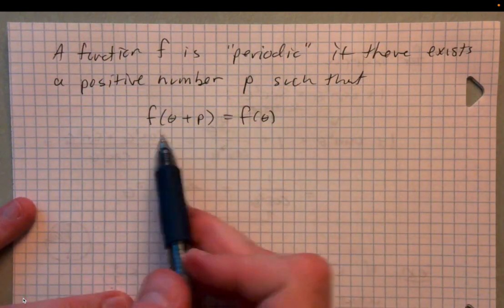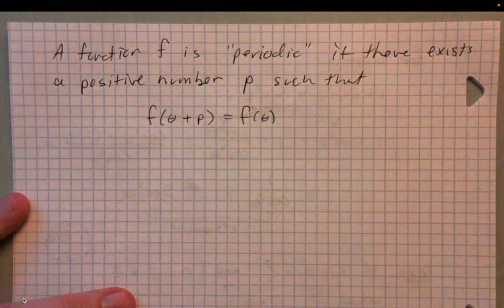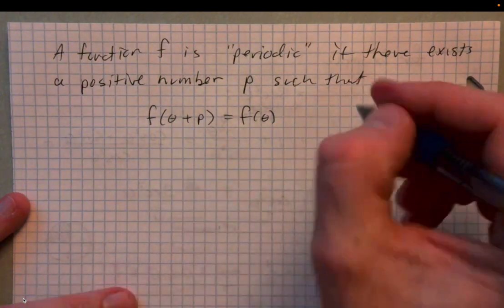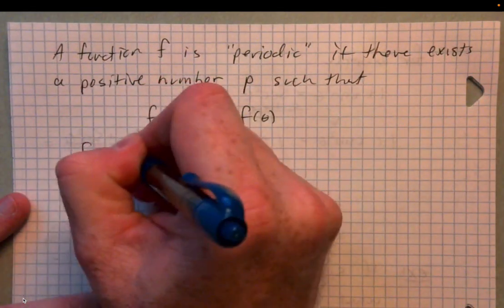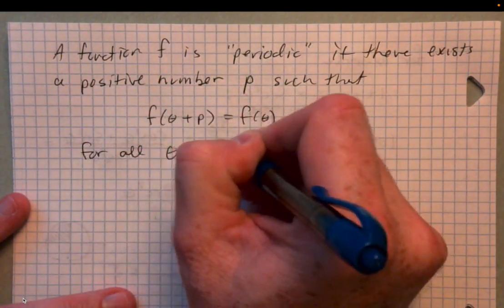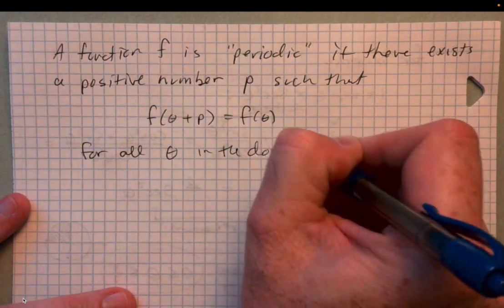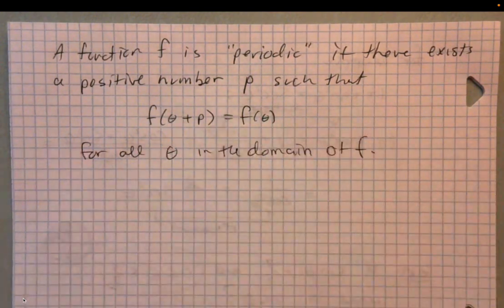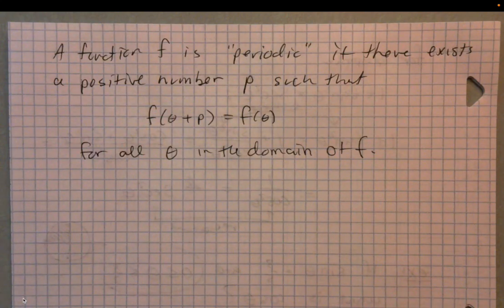And this can't be true just once, it has to be true for all theta in the domain of f, right? So p is a fixed number that works for all theta, right?